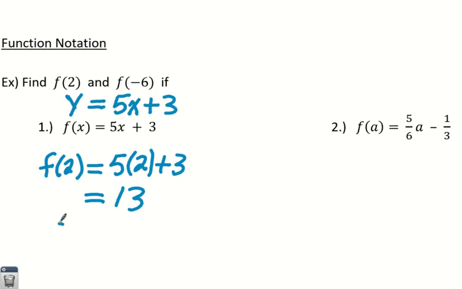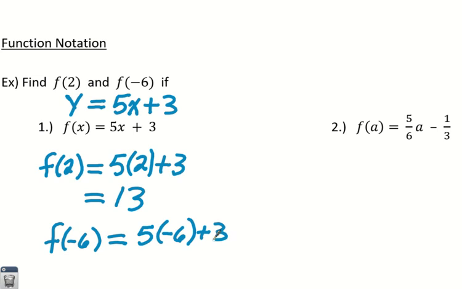And then f of negative 6 is 5 times negative 6 plus 3, which is negative 30 plus 3, which should be negative 27.